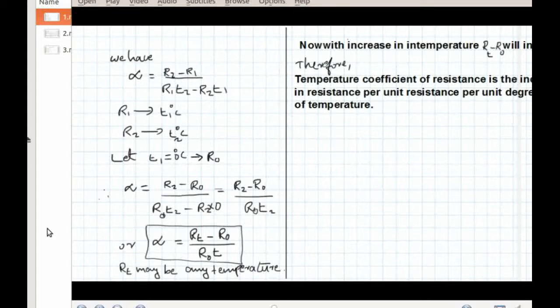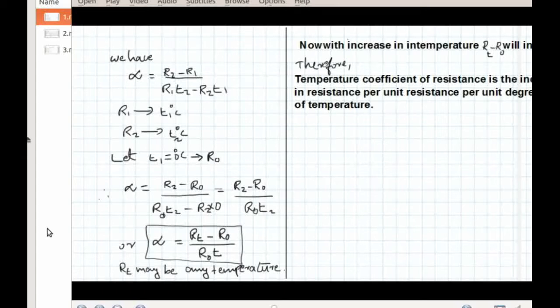And when RT increases, the quantity RT minus R0 will also increase. With this idea, we can define the temperature coefficient of resistance.